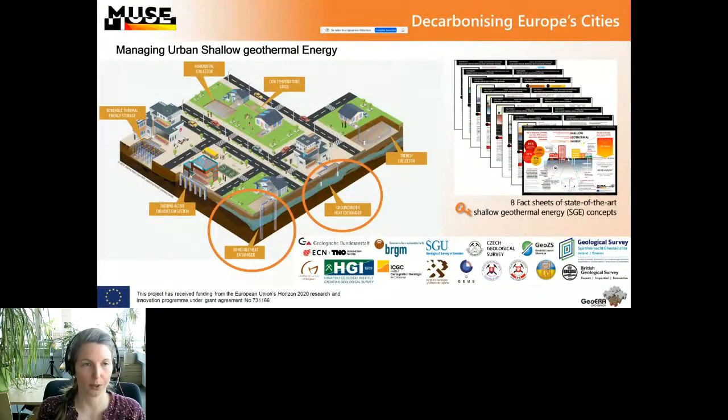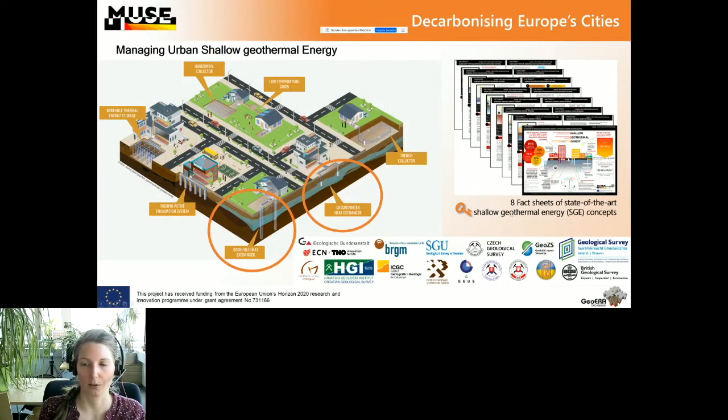Yes, I will keep it short, but I would like to present to you a little bit of the results of the MUSE project. So shallow geothermal energy is our topic here, and this has a high potential to decarbonize heating and cooling in general. It's a very stable energy source and is available almost everywhere, and you can use it with a broad variety of systems.